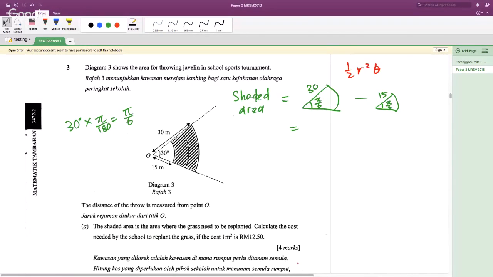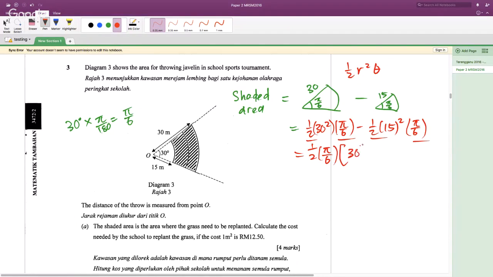So this is half times 30 squared times pi over 6, minus half times 15 squared times pi over 6. Square outside or inside doesn't matter in this case. Since both have the half pi over 6, I'm going to factorize it out.